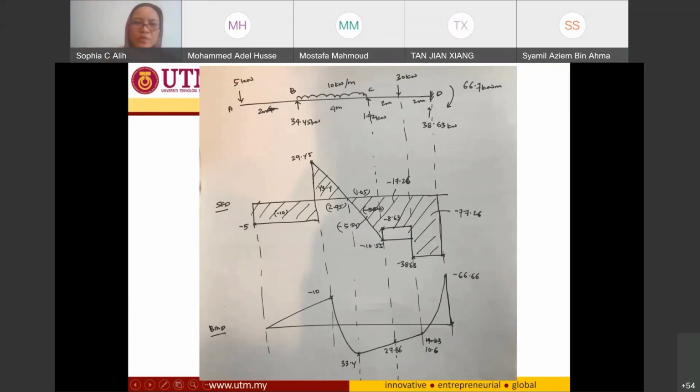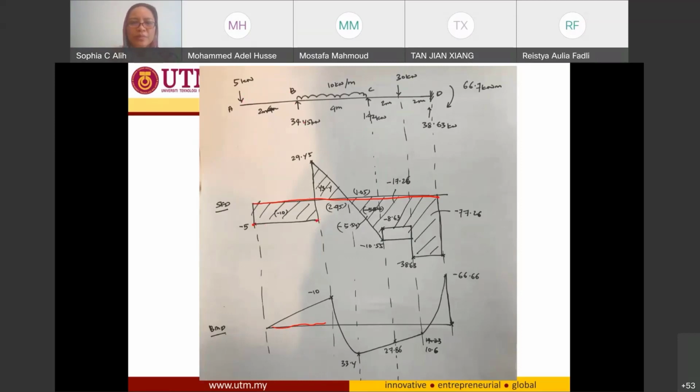Since the force is pointing downward, you have to remember, for shear force, positive is upward and negative is down from the reference line. This is my reference line. For the bending moment diagram, negative is upward and positive is downward. So now it is pointing downward, so I go down to negative 5, and there is no force between A and B, so go straight.